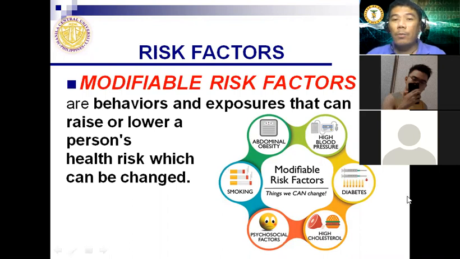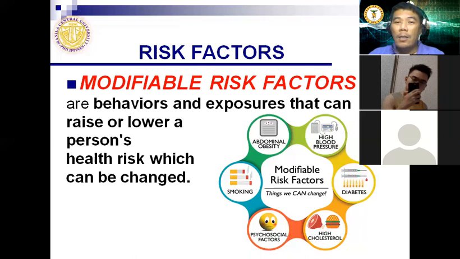These are the examples that we emphasize in the modifiable risk factors: obesity, blood pressure, and diabetes, which pertains to blood sugar. Then smoking, we consider it a modifiable risk factor, and at the same time it is considered lifestyle. Diabetes could be considered modifiable, and at the same time it could be considered non-modifiable if there is a familial history.